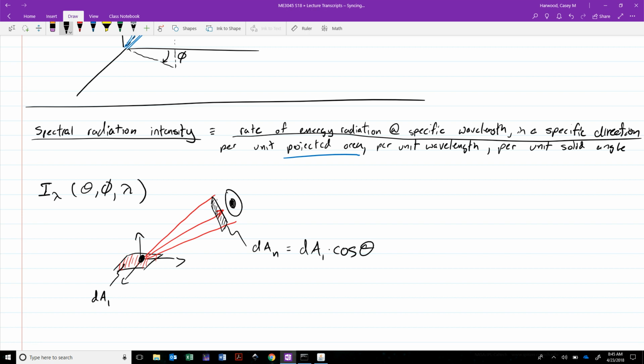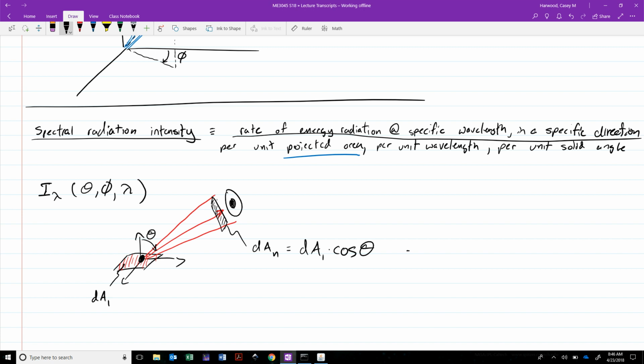theta here is the zenith angle measured from the vertical plane. If, for example, theta was 0 degrees, the direction in which the radiation is being sent would see this entire area as projection.